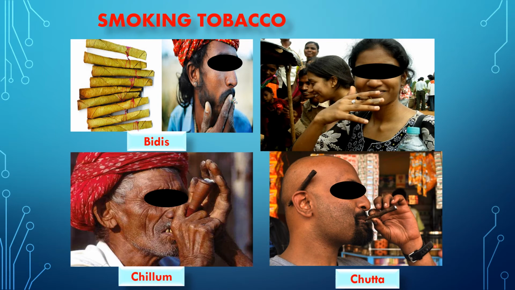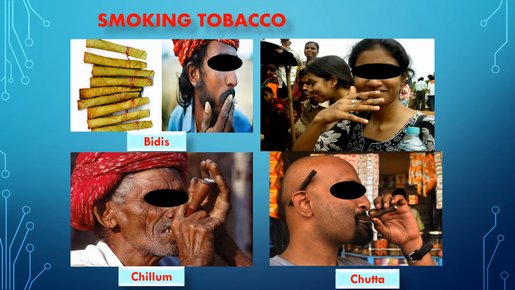And then you have chuta, a somewhat cylindrical, coarsely prepared cheroot. Cured tobacco is wrapped in a dried tobacco leaf. About 9% of the total tobacco production in India is used for the preparation of 300 million pieces of these forms of tobacco.